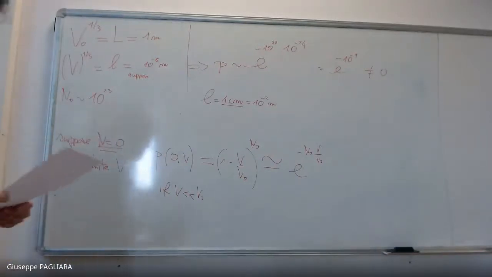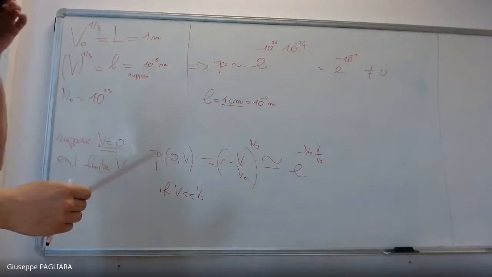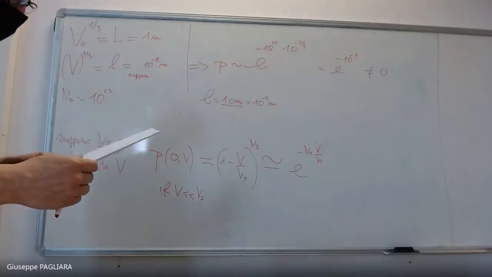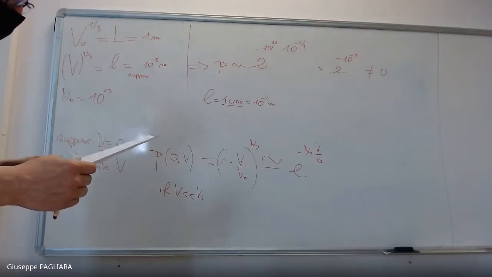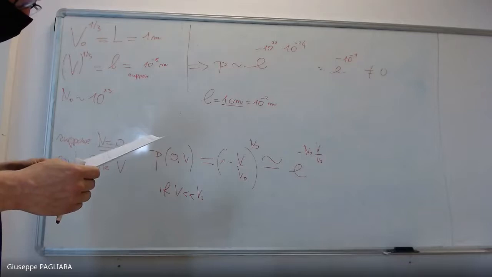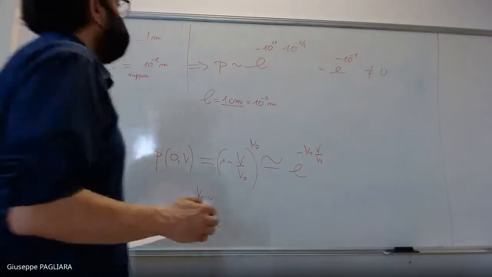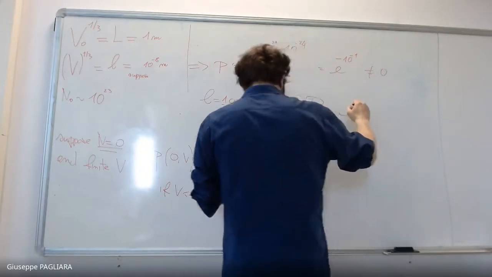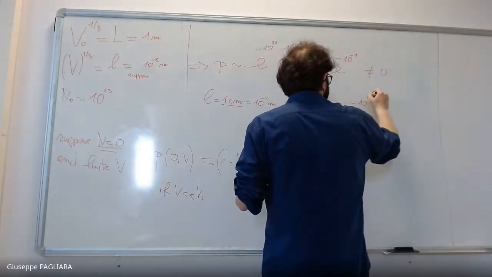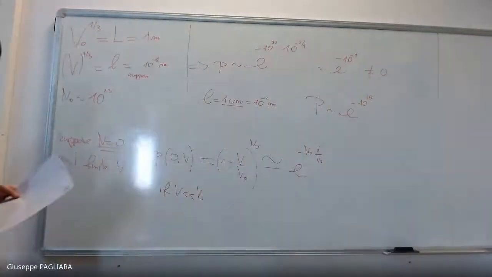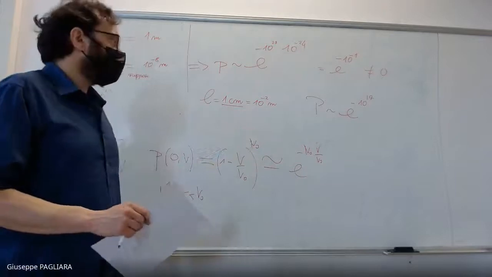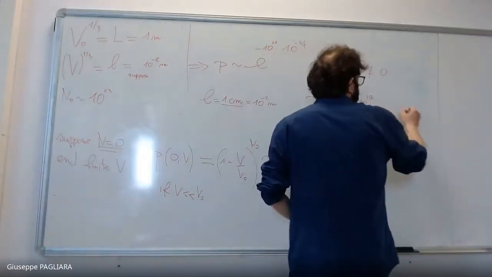So in this case, if I'm not mistaken, I should get that the probability now is e to the minus 10 to the 17, which comes from 23 minus 6, since the power of 3 gives minus 6. Okay. So it's basically 0.